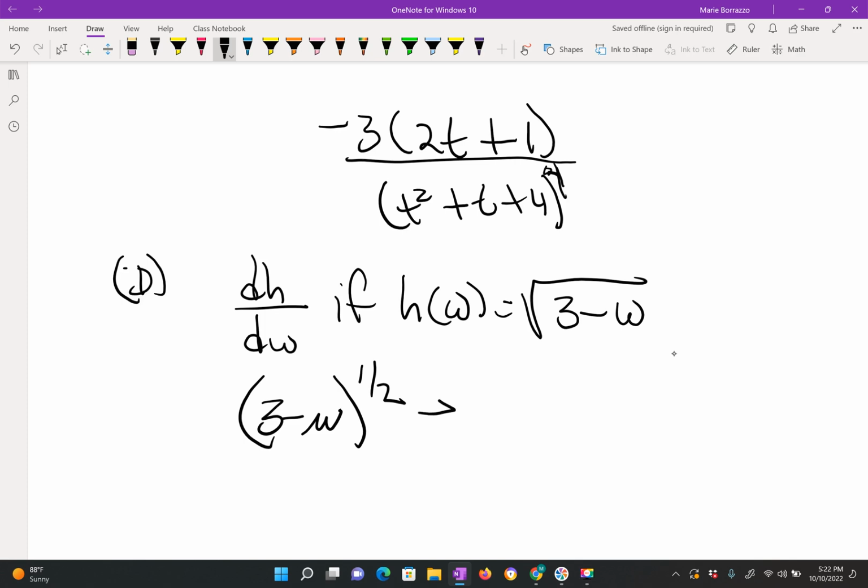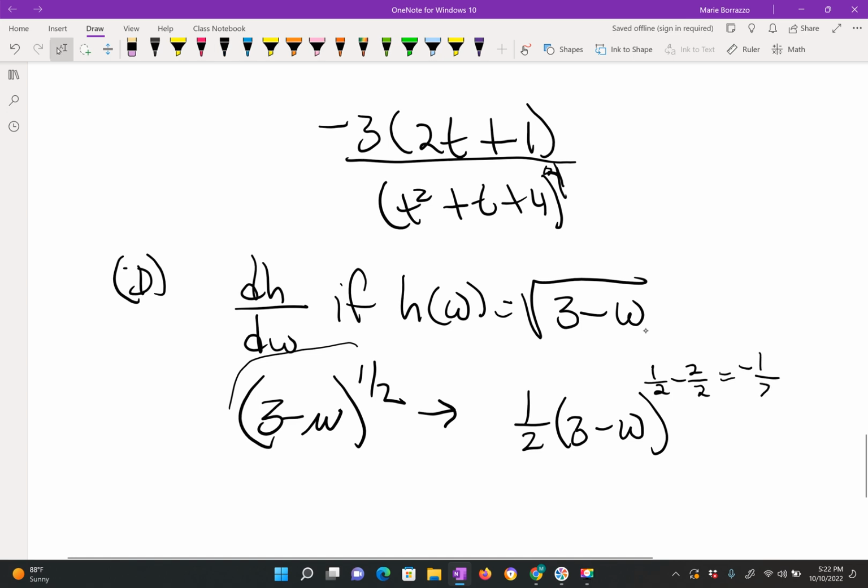Now I differentiate. What do I do? 1/2 times 3 minus w, and I still got a 1/2 here, but I'm going to subtract 1, which is technically now 2 over 2. So this actually is -1/2, times -1, and then times the derivative of that, which is -1, correct.